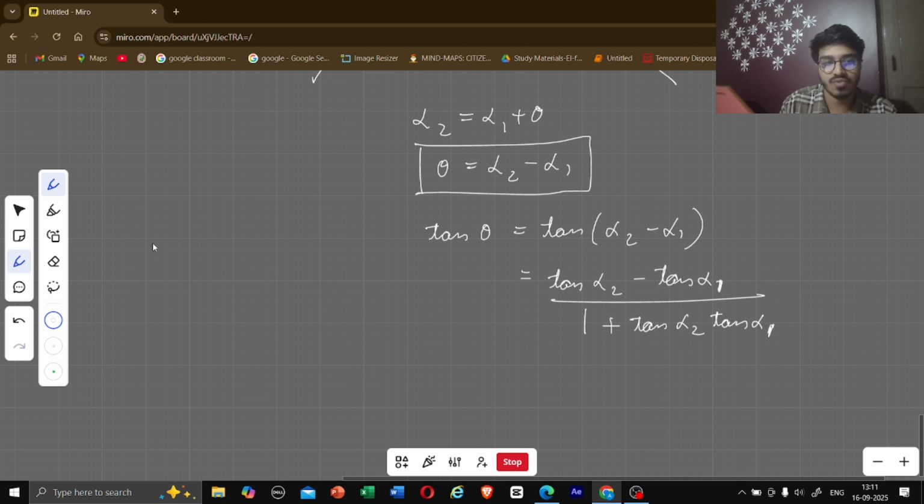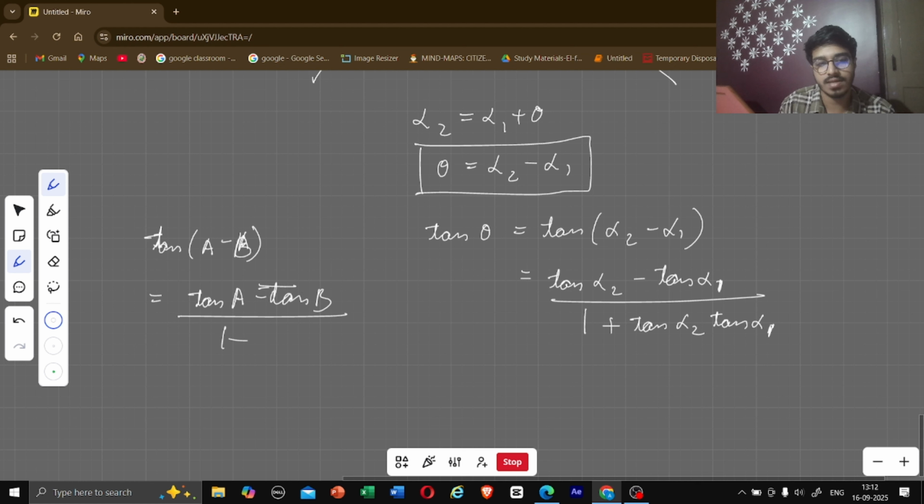See, I'll write the formula here, tan A minus B. Tan A minus B is equals to tan A minus tan B whole divided by 1 plus tan A tan B. I have applied this here.